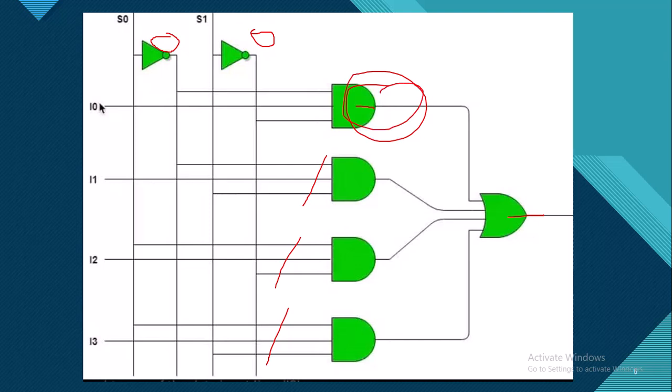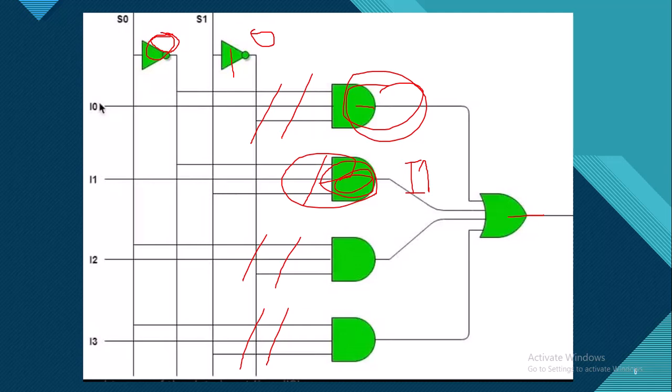Whereas if this side is a 0 and here is a 1, we get to see that this side is also cancelled, and only this side works. Only I1 works.